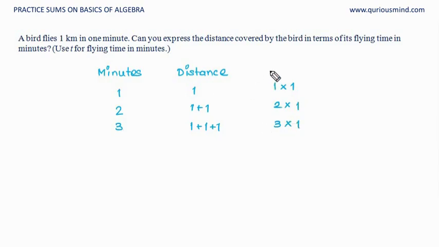So the minutes are changing. The distance per minute stays the same. The number of minutes is what is changing. And so if we have T number of minutes, we will have T into 1 kilometer.